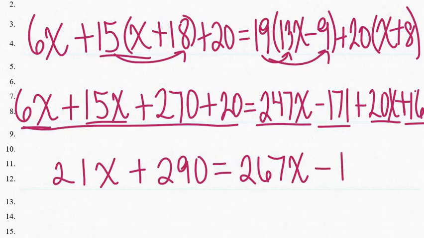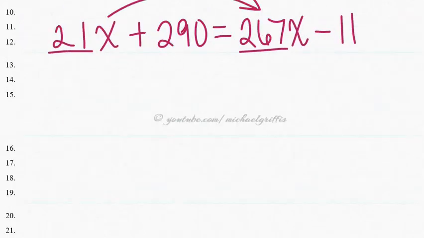Okay, now let's look here. 267 is the coefficient of x. 21 is the coefficient of x. So we're going to subtract both sides the minus 21x, but I'm just going to take it over to the right. That's the way I see things.